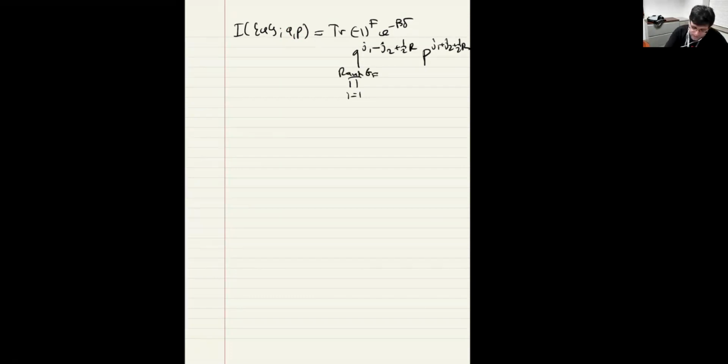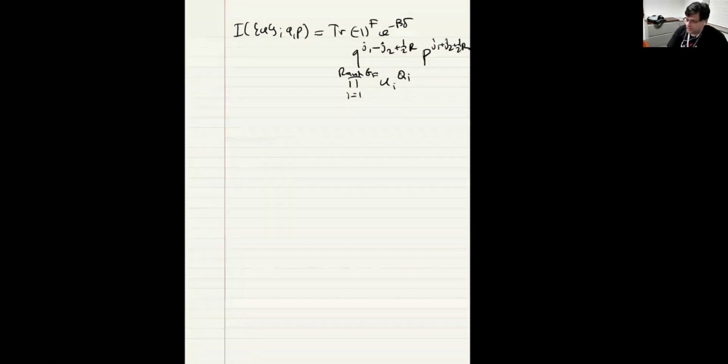So we turn on fugacities for the maximal torus of this global symmetry group, and these Qi are the charges of this global symmetry. And we can compute this type of index for any N=1 superconformal quantum theory. Any questions about the definition of the index?